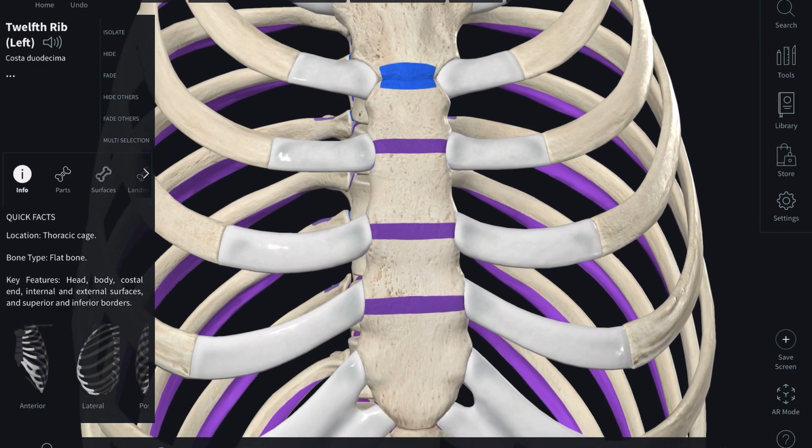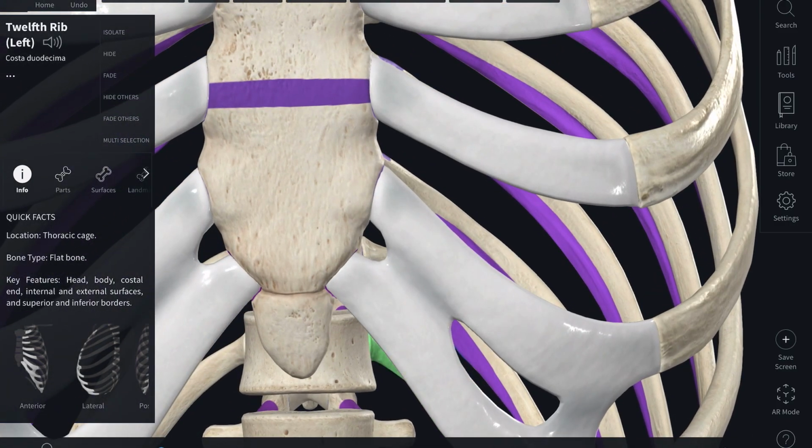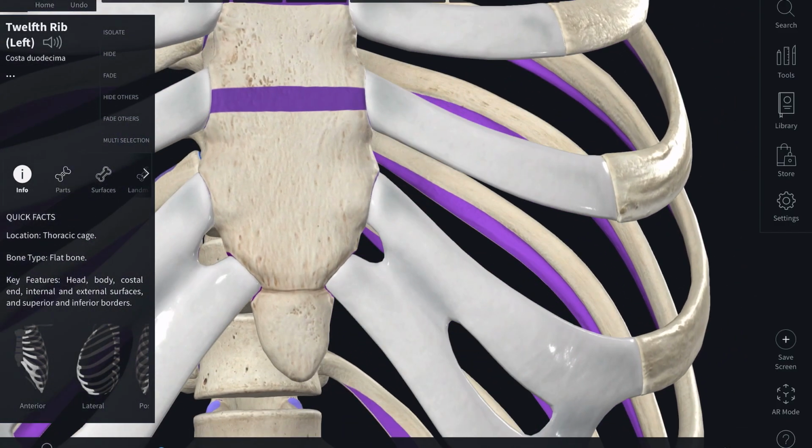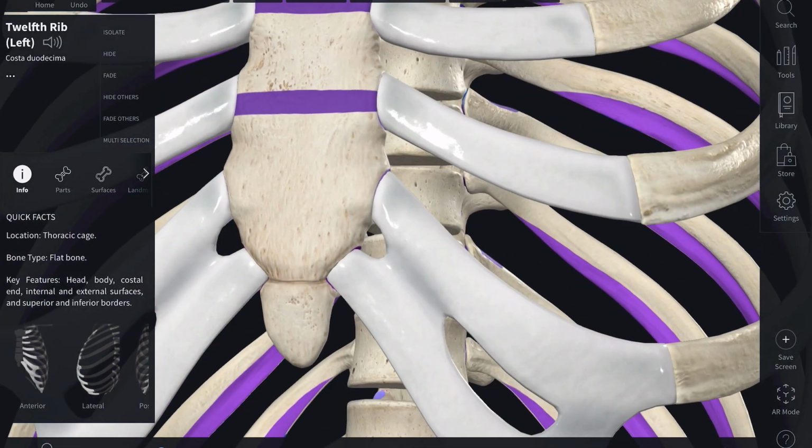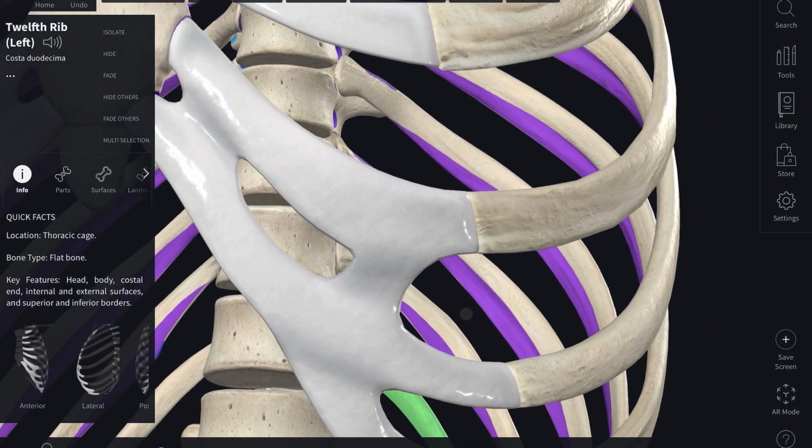As for your bicuspid and tricuspid, the tricuspid is going to be in this area, and for your bicuspid, it's going to be right here, in between your 6th and 7th rib.